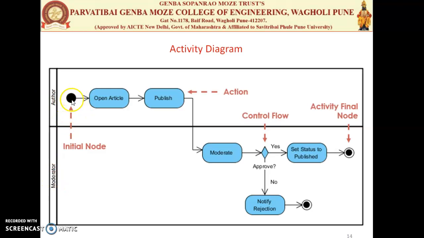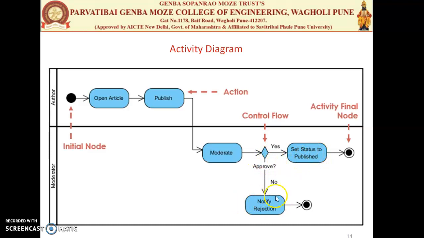Activities always start with the solid dot. There are five activities in this diagram. The first activity is open article, the second is publish article. These two activities are done by the author. Now when it goes to the moderator, he will moderate the article. If it is good to go, he will set a status and publish the article.